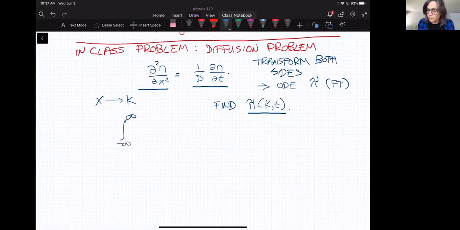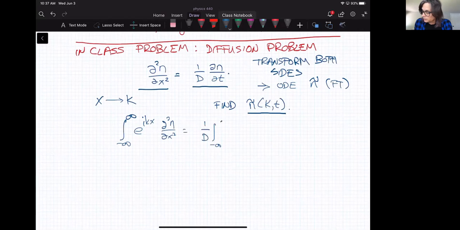you multiply both sides by e to the ikx, and integrate from minus infinity to infinity. And you're integrating over dx. Okay?